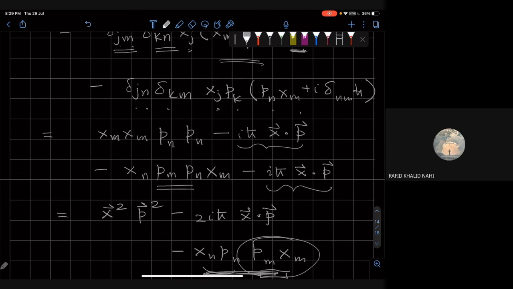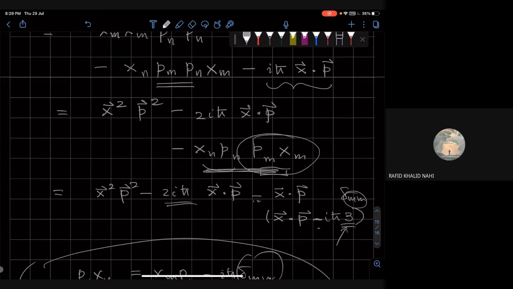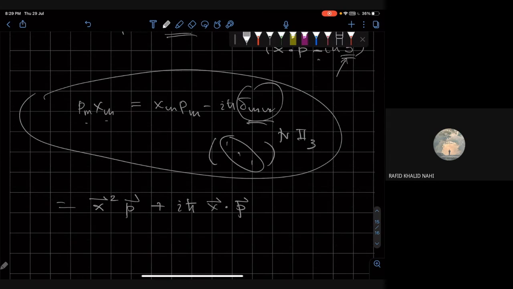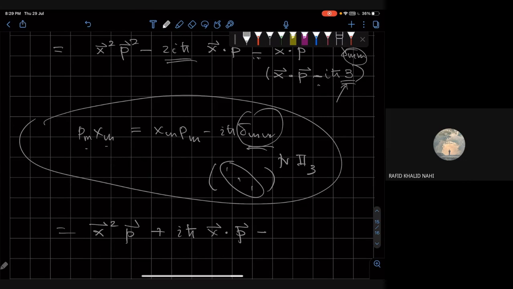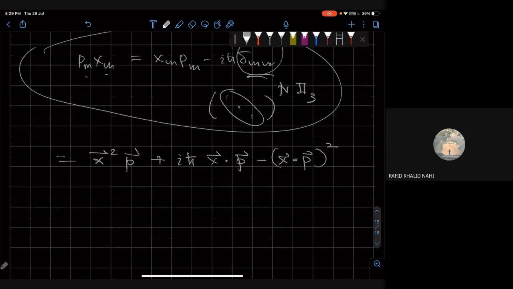Okay, so it seems like there is some sign problem here. So I'm getting minus x dot p squared. But my notes show that there should be a plus sign. Anyway, I'll figure that out before the next lecture, but let's just stop here. So what have we derived?